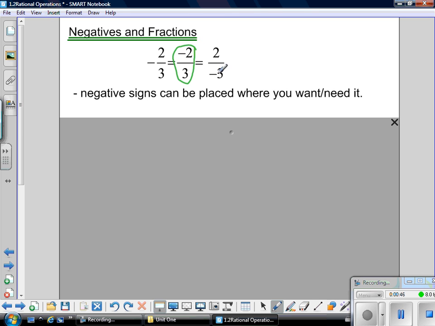The reason I don't put it here is often my eye, because it's at the bottom, I'm looking at 2 first over the 3. So often I write it like this when I'm doing fractions work. However, all three of them are equal to each other. And whether I'm talking about a negative number or subtracting, negative and subtracting are mathematically pretty much the same thing.